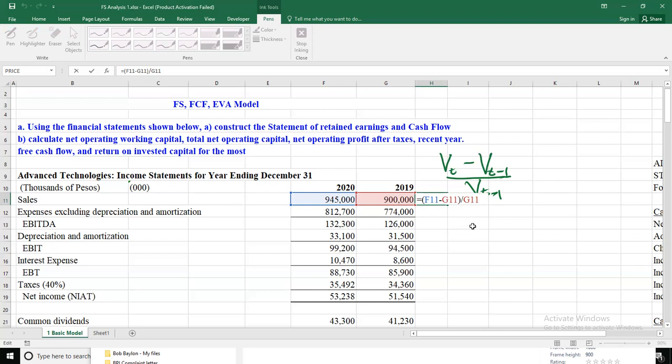Okay, Hans, it's still the same formula. Thank you for the answer. F11 minus G11, it's the same formula, Hans.